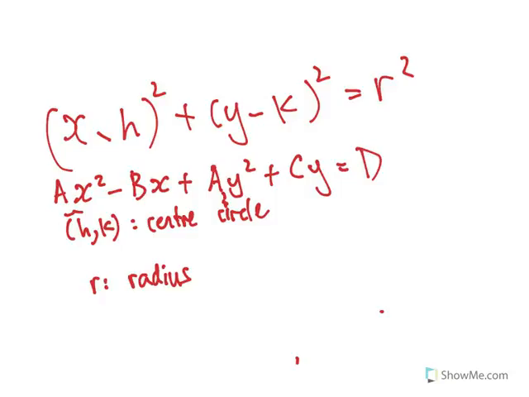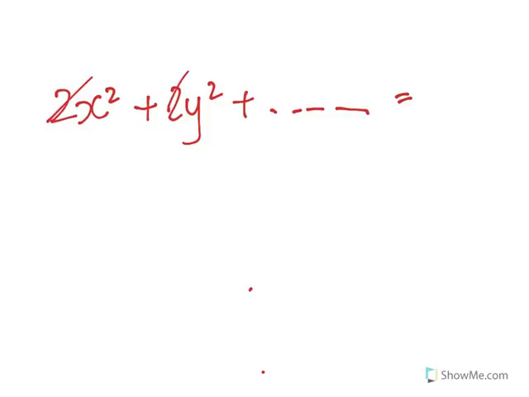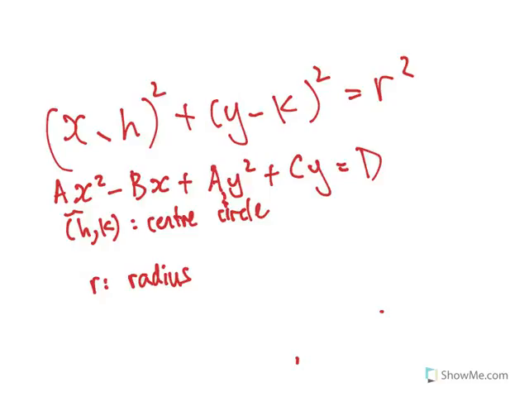Let's say, for example, the equation looks something like 2x square plus 2y square equals to something. Then you know it's still an equation of a circle, because you can divide by 2, then you become a circle. Okay, so this one is for circle.